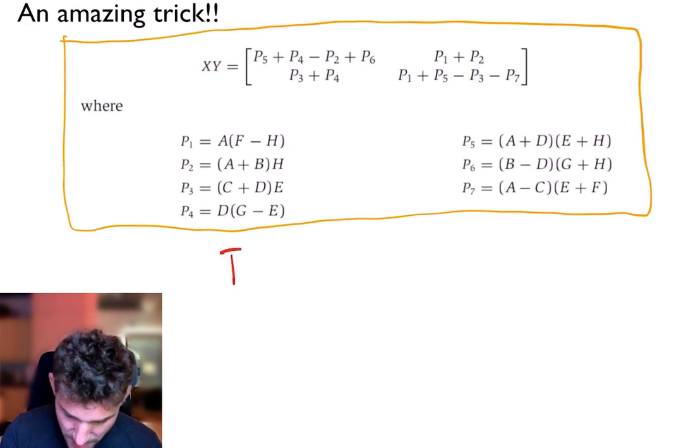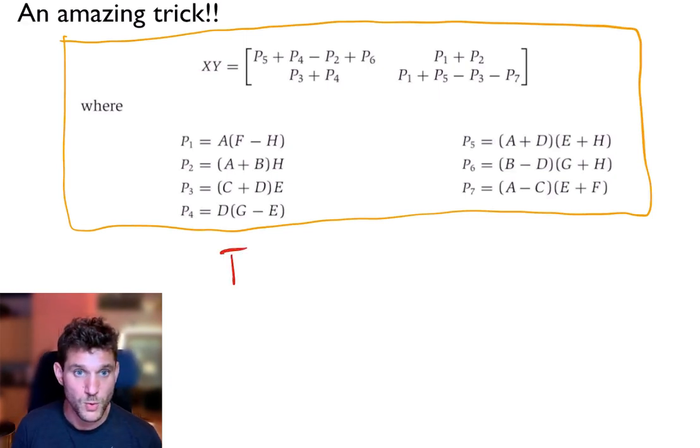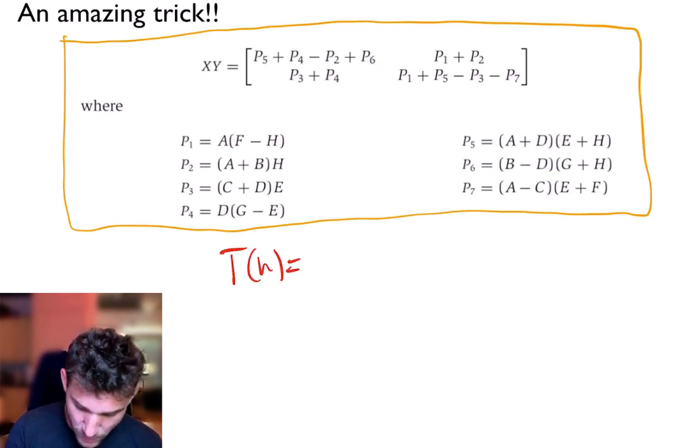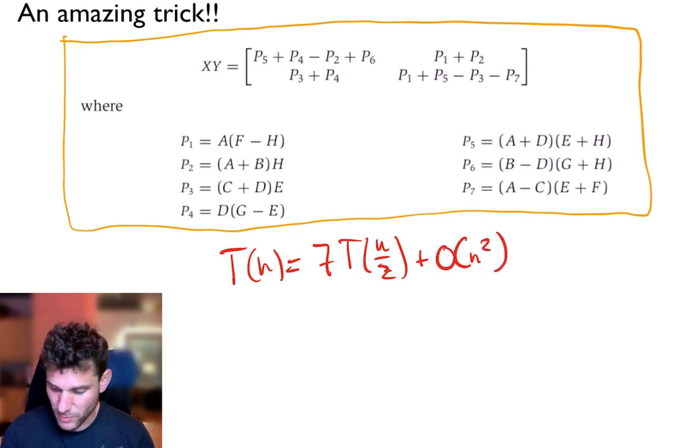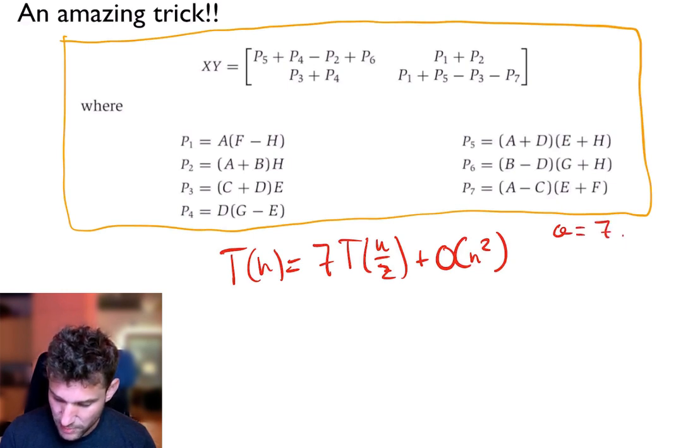So let's write it out. If we follow this newer divide and conquer strategy using fewer multiplications, we would have T of n equals 7 times T of n over 2 plus on the order of n squared. Let's write out, we have a equals 7 now, b equals 2, and d still equals 2.